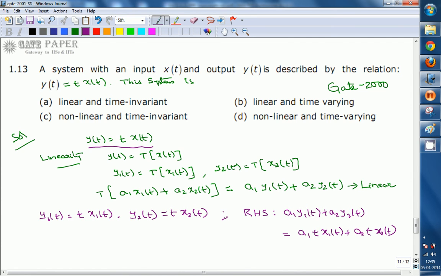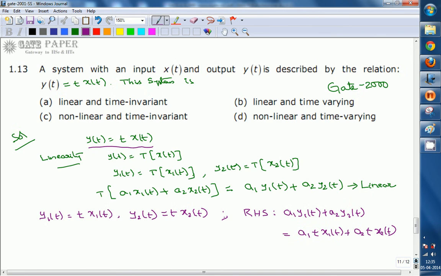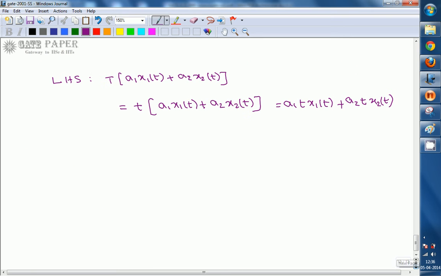We get t·(a1·x1(t) + a2·x2(t)), which is a1·t·x1(t) + a2·t·x2(t). By observing the LHS and RHS, both are identical. So LHS equals RHS, and we can say the system is linear.